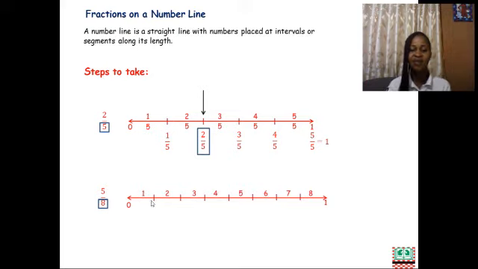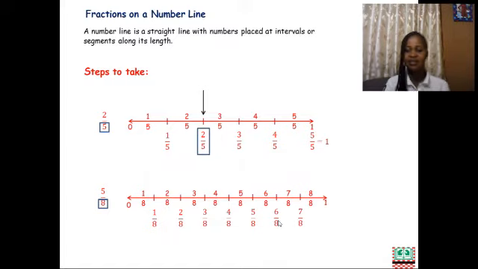Okay, so we have 8 parts, which is 1/8 up to 8/8. Now let's name the lines. We have 1/8, 2/8, 3/8, 4/8, 5/8, 6/8, 7/8, and 8/8, which is what? 1 whole.